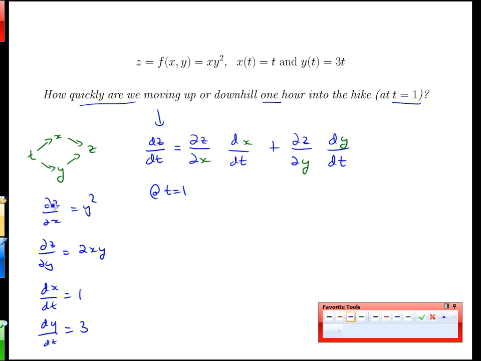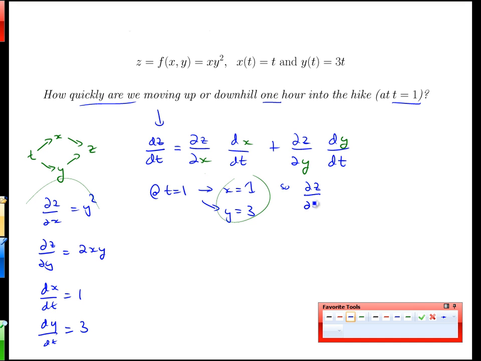Now notice these derivatives don't have t in them, but I'm given the t value. But fortunately, time dictates what x and y are. So we immediately know that x is going to be 1 and that y is going to be equal to 3.